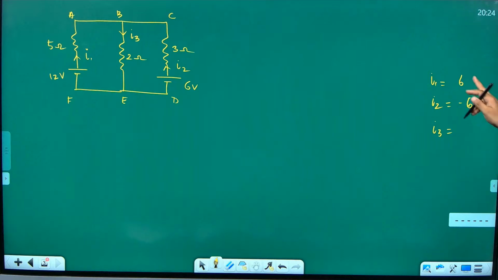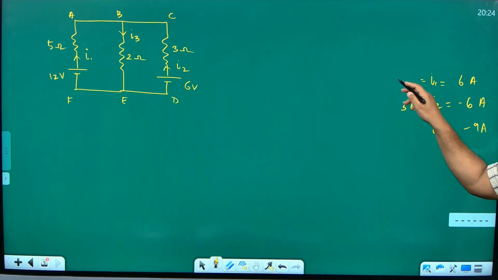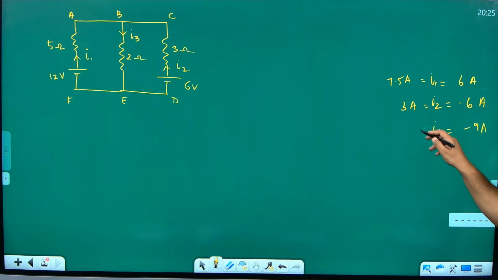Yash Praveen, you got 6 amperes, minus 6 amperes and minus 9 amperes. Okay, Pratap, what is your answer? My answer is I2 will be 3 ampere, I1 will be 7.5 ampere and I3 will be 10.5 ampere, sir.